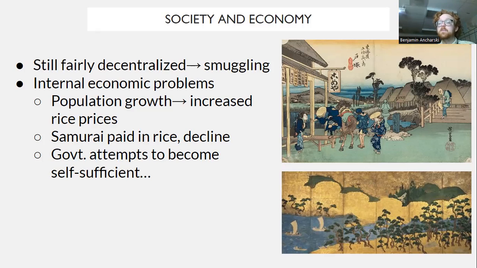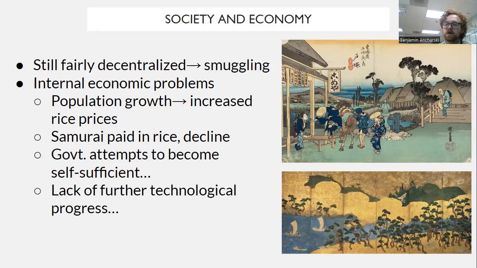But there is going to be a big constant problem in Japanese history of lacking natural resources. So we are going to see that that will come and bite Japan in the butt later on in history, as we'll see later. But we also do see a bit of stalling when it comes to technological development.